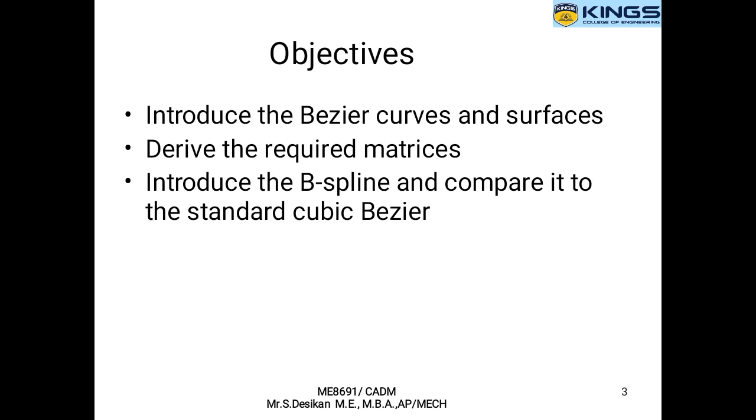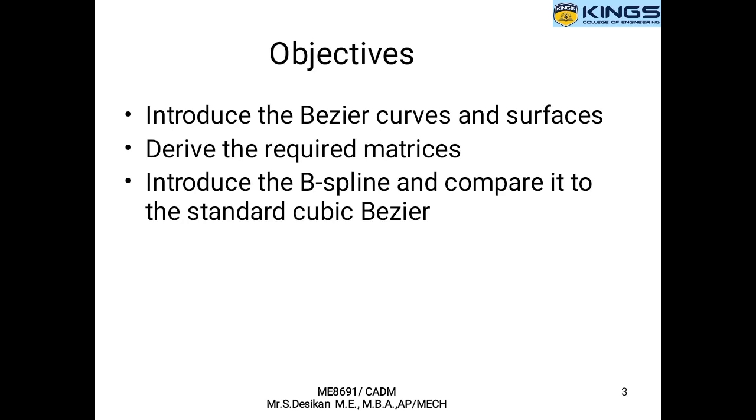After the completion of Unit 2, what are the objectives, what are we going to gain, what knowledge have you gained in Unit 2? First, an introduction to Bezier curves and surfaces. What is a Bezier surface and what is a Bezier curve?